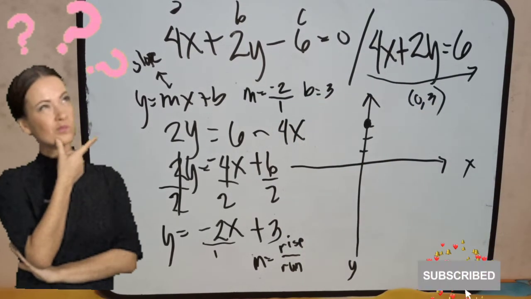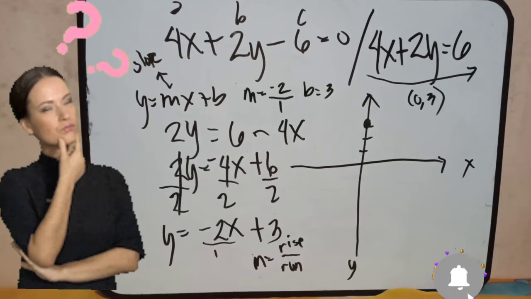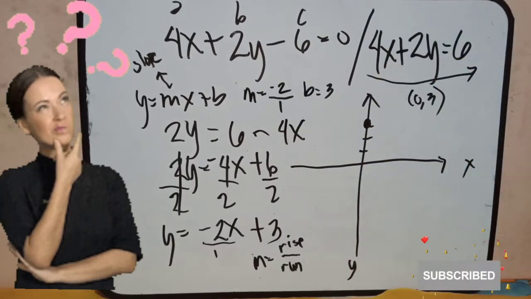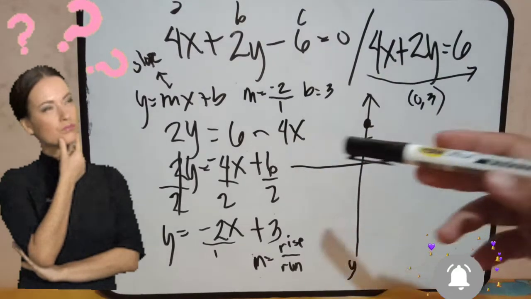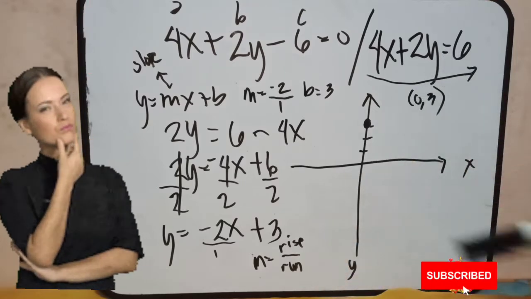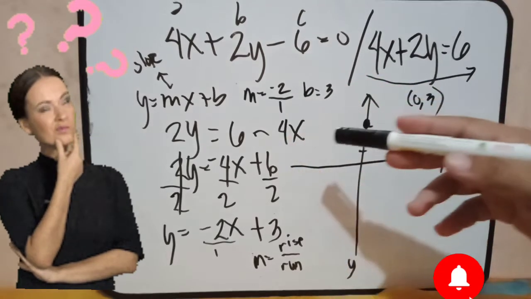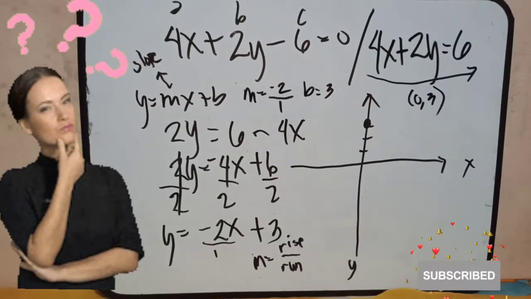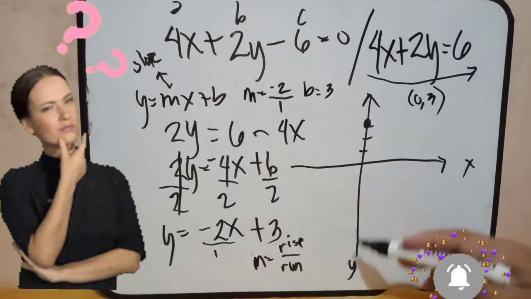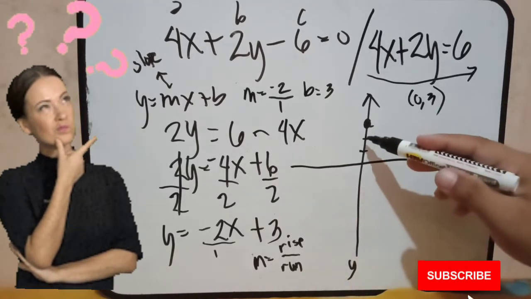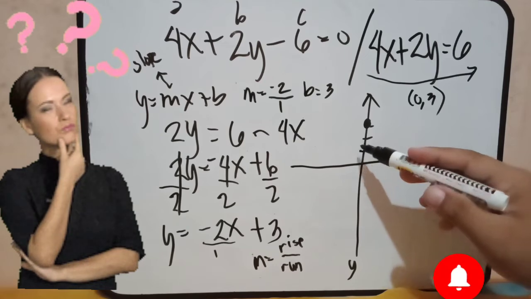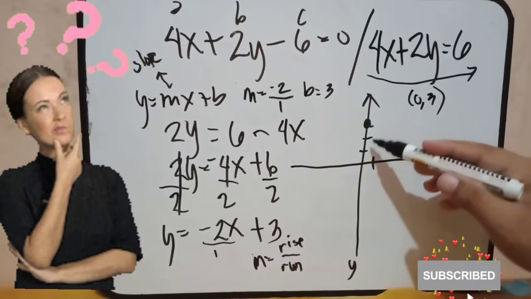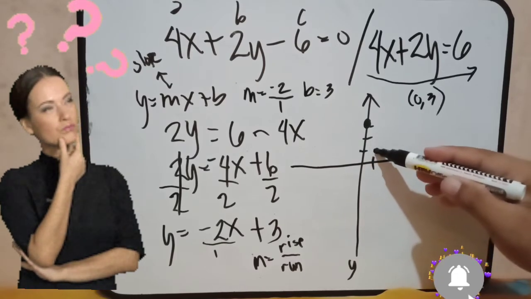So we identify this using the line. Since the rise is negative, it is going downward. The negative 2 in the numerator means we count downward 1, 2, and then run to the right because the denominator is positive 1.